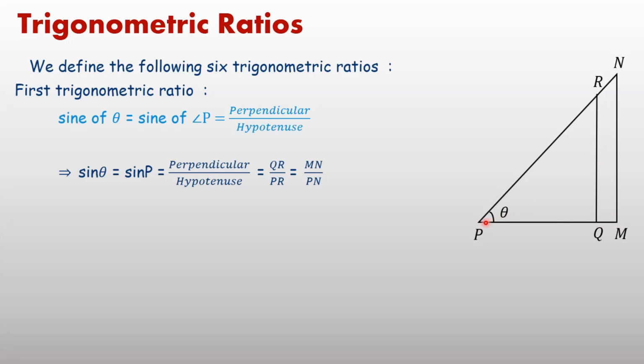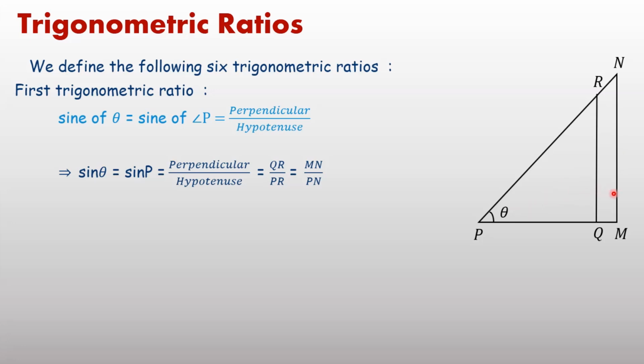Now the second question, for perpendicular. For angle theta, the side opposite to angle theta is known as perpendicular. Therefore, in triangle PQR, the side opposite to theta is QR, so QR is perpendicular. Or in triangle PMN, the side opposite to theta is MN.